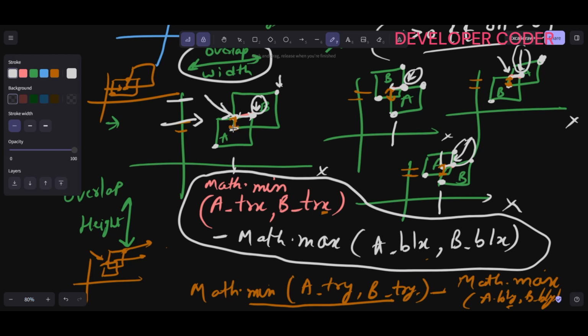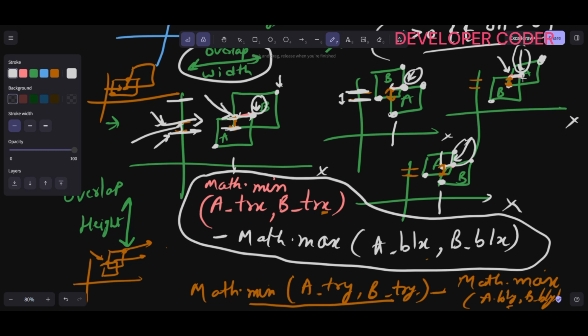Among them you pick the max, which simply means this. So from this you subtract this, and you are going to get this. Same way here, a top right y and b top right y, so you are going to get this. Then from this you subtract the max of a and b by position, so you select this, and now you are going to get this.